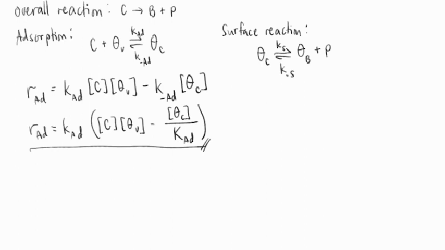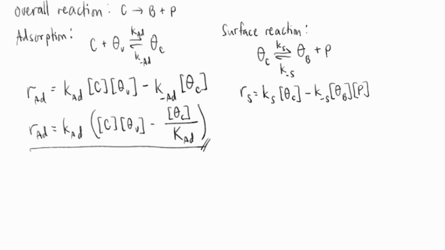reaction. We can then write our net rate of surface reaction as small ks times the concentration of the active sites containing C minus small k negative s, or for the backward reaction rate constant, times the concentration of the active sites containing B times the concentration of free P or propylene. We can also extract our specific reaction rate constant for the forward reaction here and introduce our equilibrium constant capital Ks.